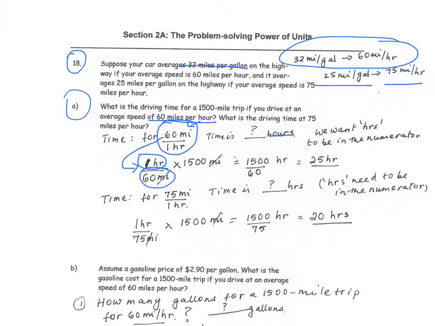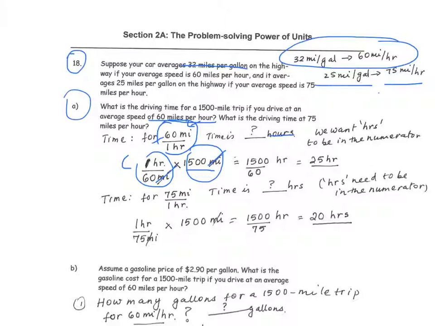1 hour over 60 miles. And the reason why we flipped this was so we could get hours in the numerator. Now the number of miles we're going is 1500. So if we multiply this fraction with 1500, what we get is the cancellation of miles.